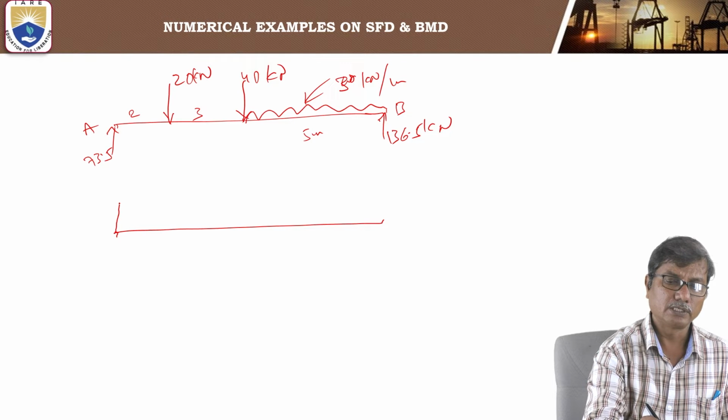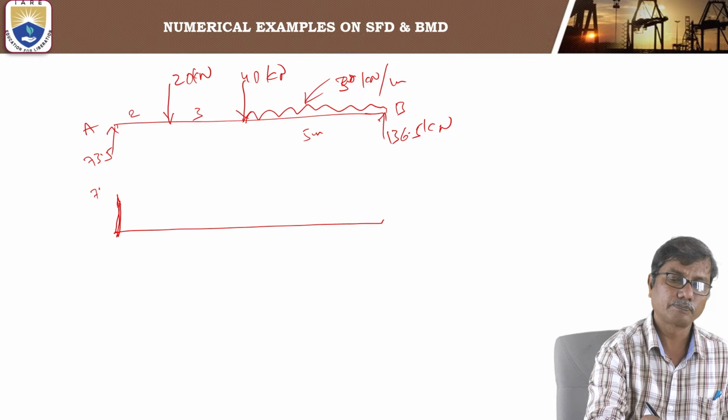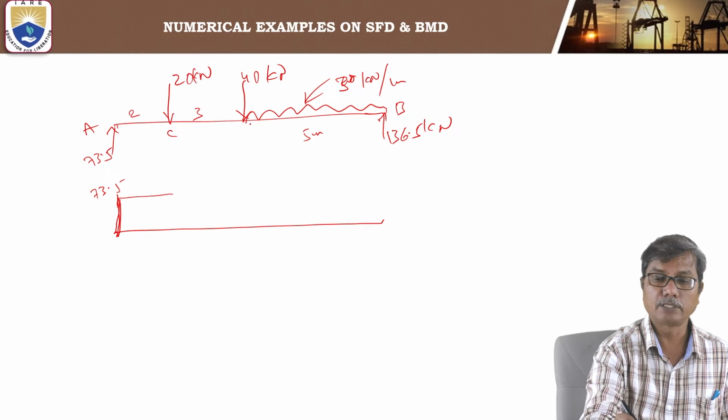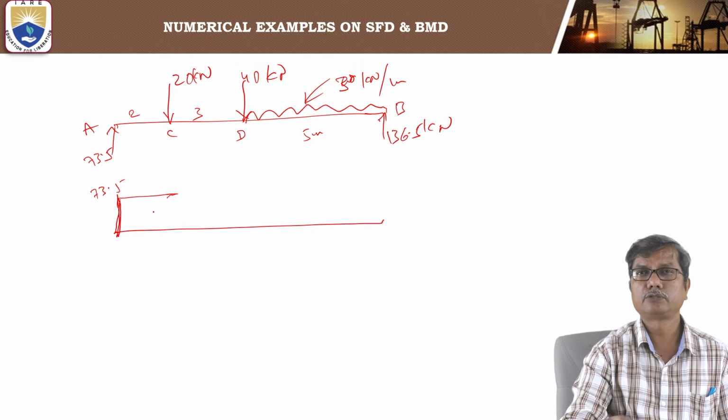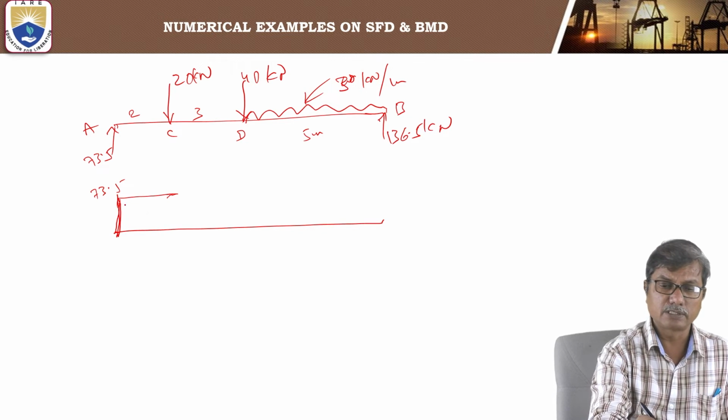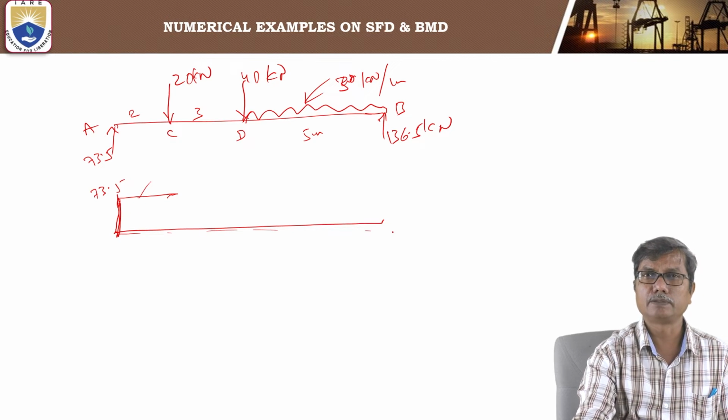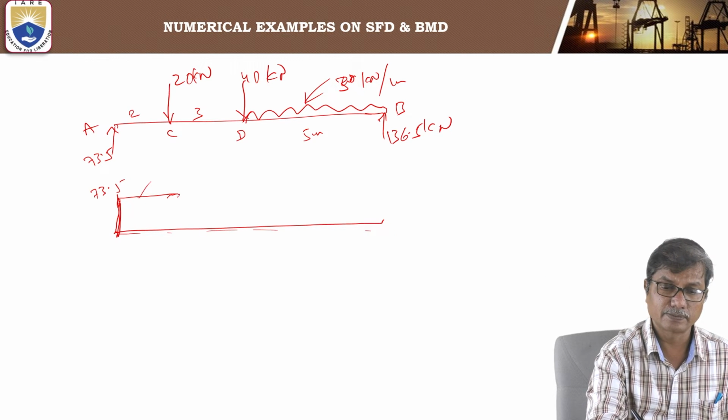Shear force at A is 73.5, which is the same between A and C. So shear force at C is also the same. That means this line remains parallel to the baseline, the x-axis.